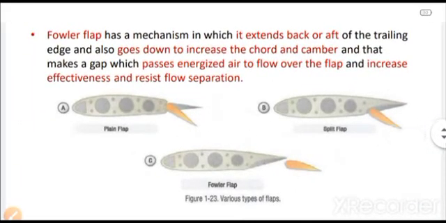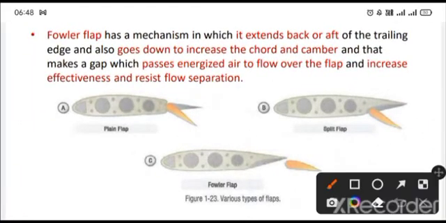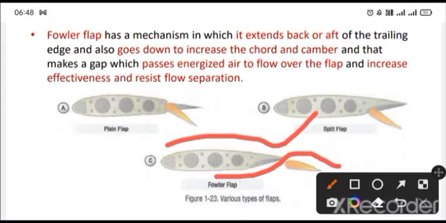more lift, and also there is a small slot that gets created from here, and the air flows like this. Air will come from the bottom surface and it will flow over this surface, because when the airflow is separating from here, it will not allow the airflow to get separated so easily.